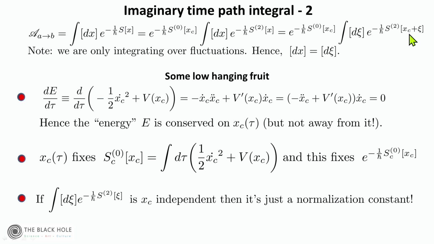I'll give you two examples of that where it does not depend on the classical path, in which case one can do this functional integral without worrying about the classical path at all. We'll come to that in a bit. Okay, so if this is independent of xc, then this thing over here is just going to be some normalization constant. And actually, we'll be able to figure out what that normalization constant is.